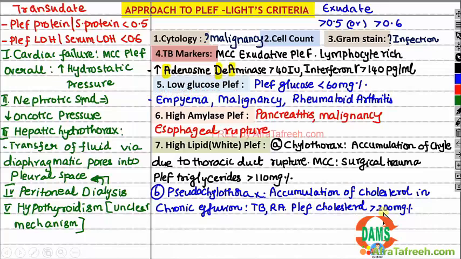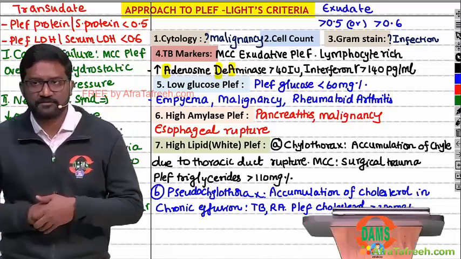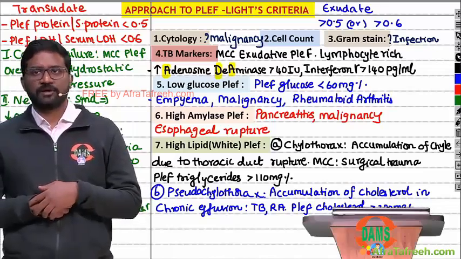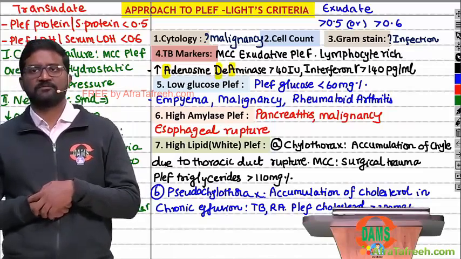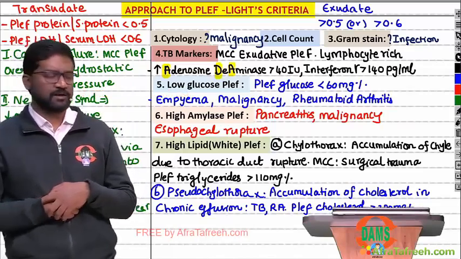So once there are many cells in the pleural space, as a part of their life cycle, at some point all these cells will die. Once these cells die, cholesterol will be released from them. So if somebody asks me, what is the source of cholesterol in pseudochylothorax? Your answer should be from the dead cells.